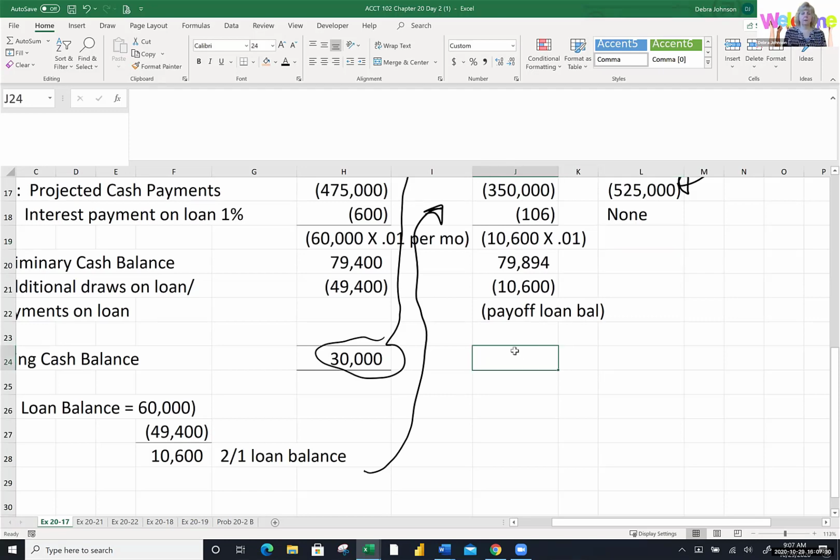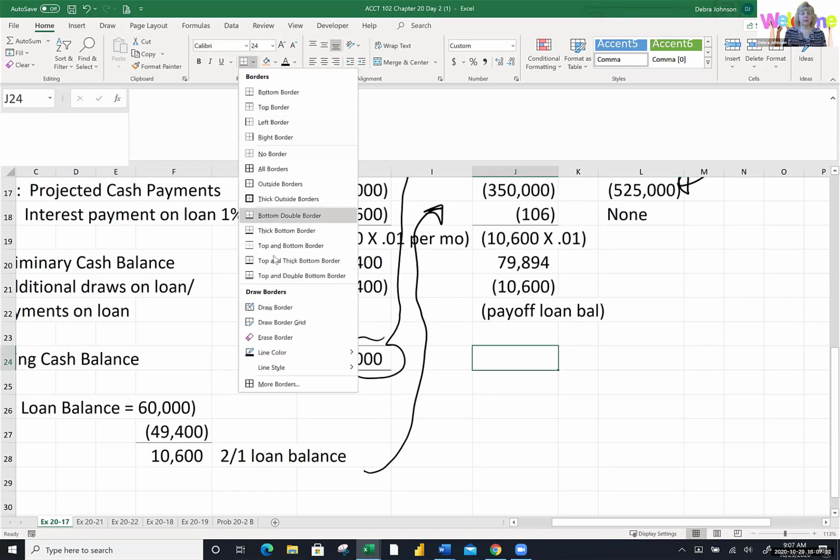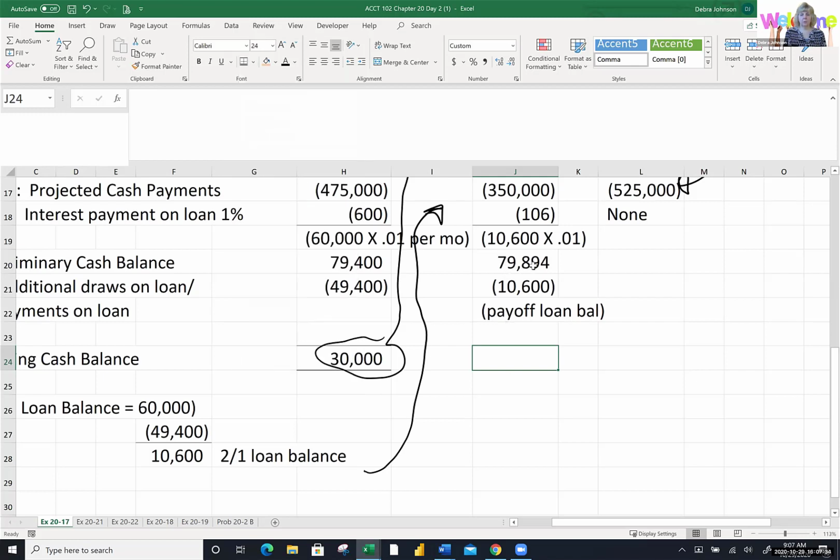So let me foot this, see what my ending cash balance is. And what I'm doing here is taking the number I already derived, 79,894, and take out the 10,600. So here I go. And here's my new cash balance. I don't have a loan to pay off. I've already taken care of that.